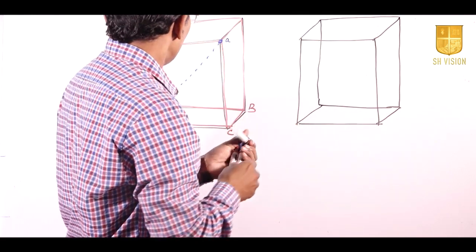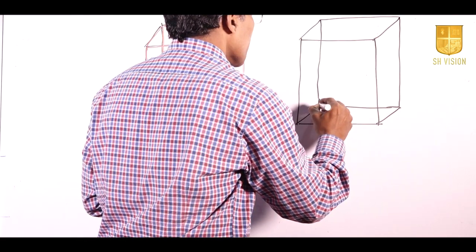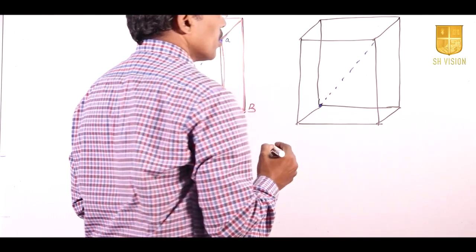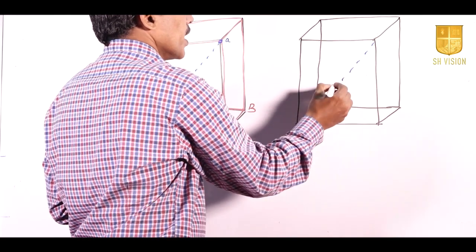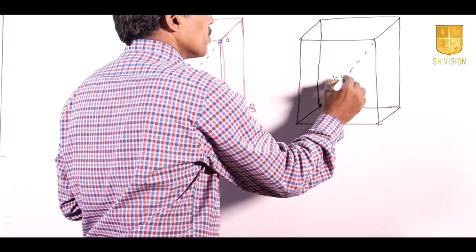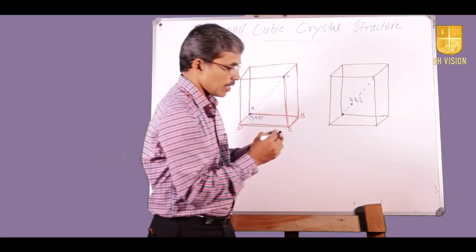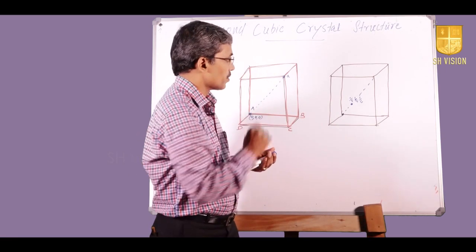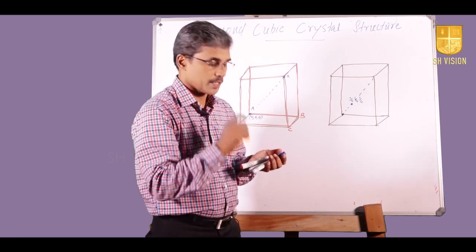Both these cubes are face-centered cubes. So I redraw. Here we have one cube, and along the body diagonal, this is A, this is your body diagonal, this is half, and somewhere here is your 1/4. So 1/4, 1/4, 1/4. That is, along x, y and z directions, it is 1/4, 1/4, 1/4 of the cube edge.